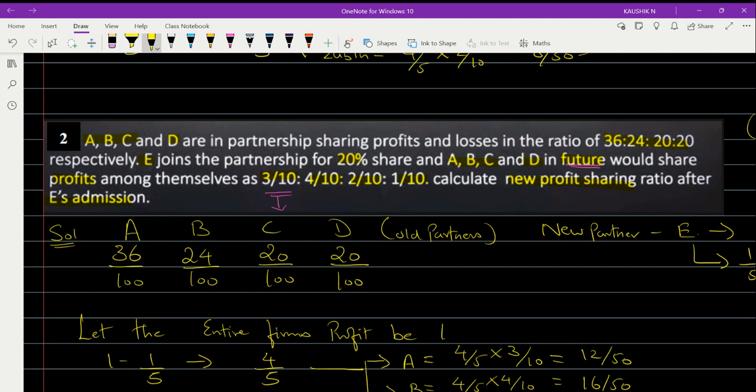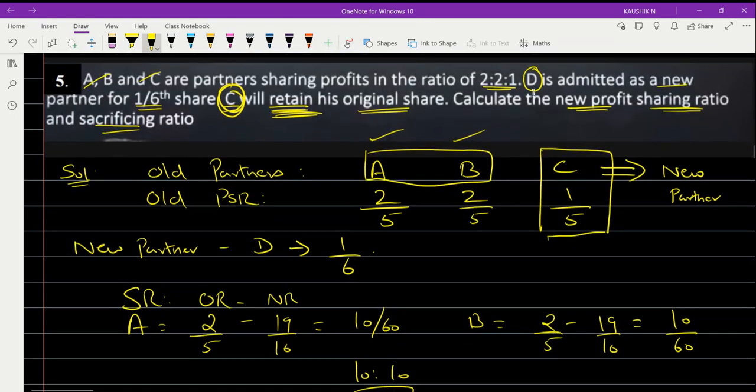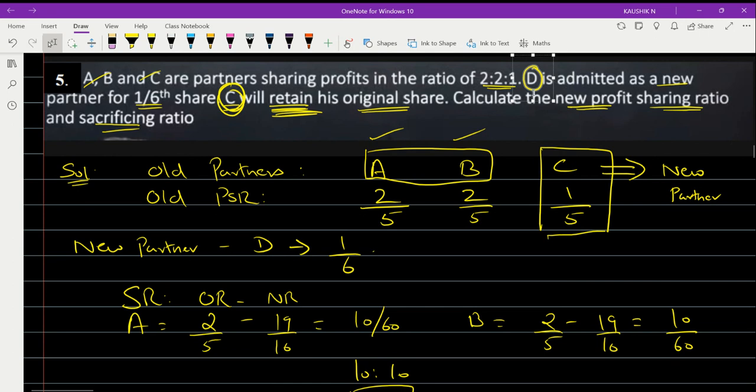Then what is the problem given in question 15? That's how you worked it out as question number 5.